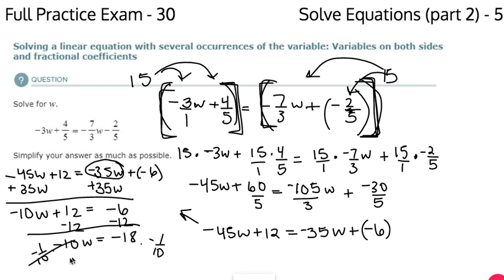I get w equals 18/10. Remember, negative times a negative is positive. And 18/10 is going to simplify to 9/5. If the directions tell you to simplify your answer, you don't have to make it mixed. It can stay just a fraction, but if there's anything to divide out of both parts, you've got to do that.